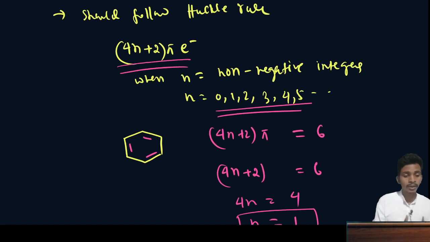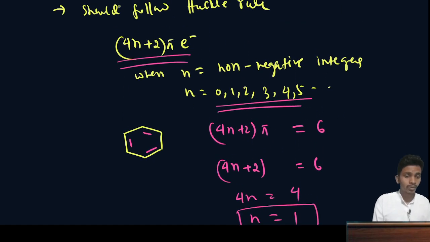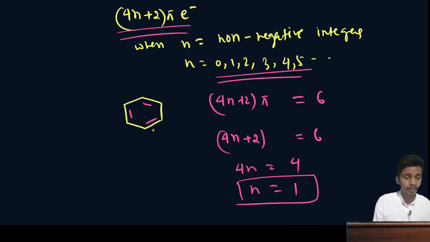Theoretically, this is the way we can say that these systems are aromatic and those are anti-aromatic. But as a shortcut, we do not need to look at all these things always. We only remember to count the pi bonds. Here there are 3 pi bonds.